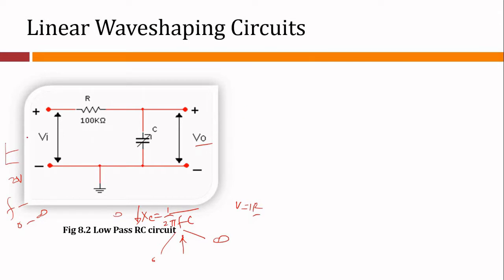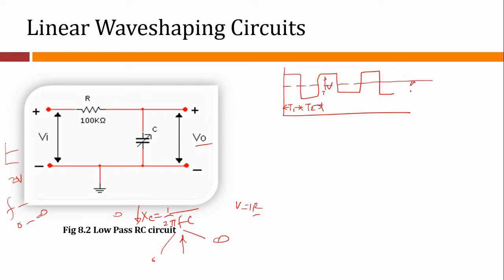Now what we need to understand here is that by applying input, we should observe the output. The input signal can be a step signal, it can be a pulse input, but from our syllabus point of view, what is important is the square wave input. For example, if we apply this as the input, the time interval is T1 for this half, T2, and it is repeated, and the voltage is V at some DC level.